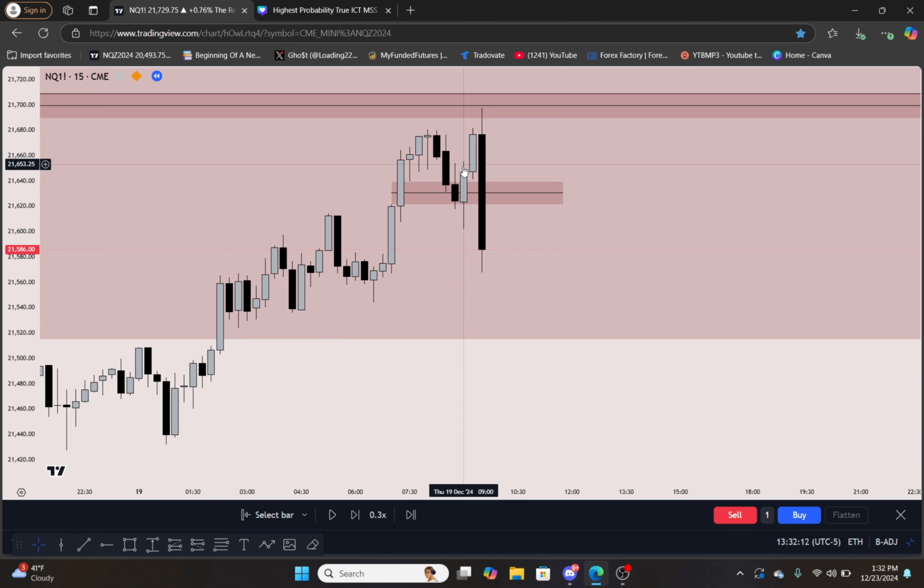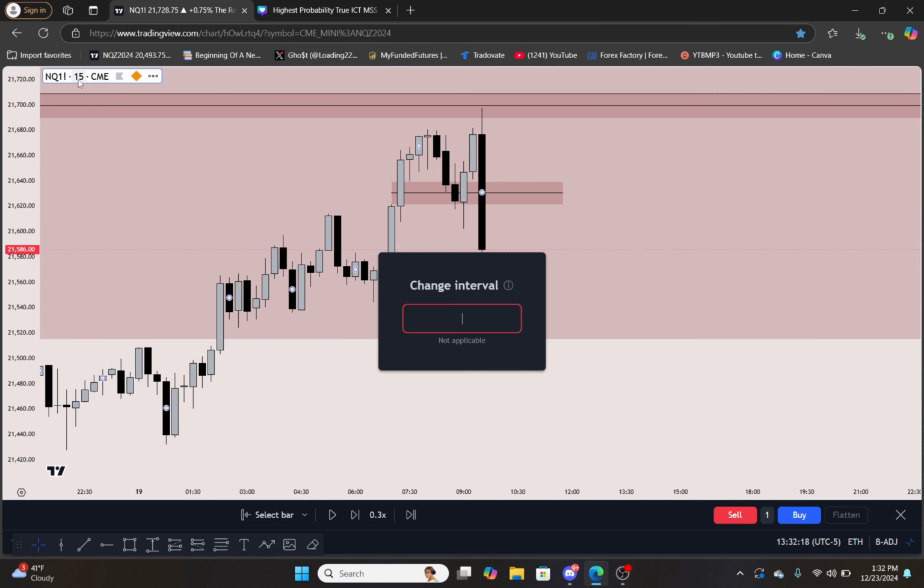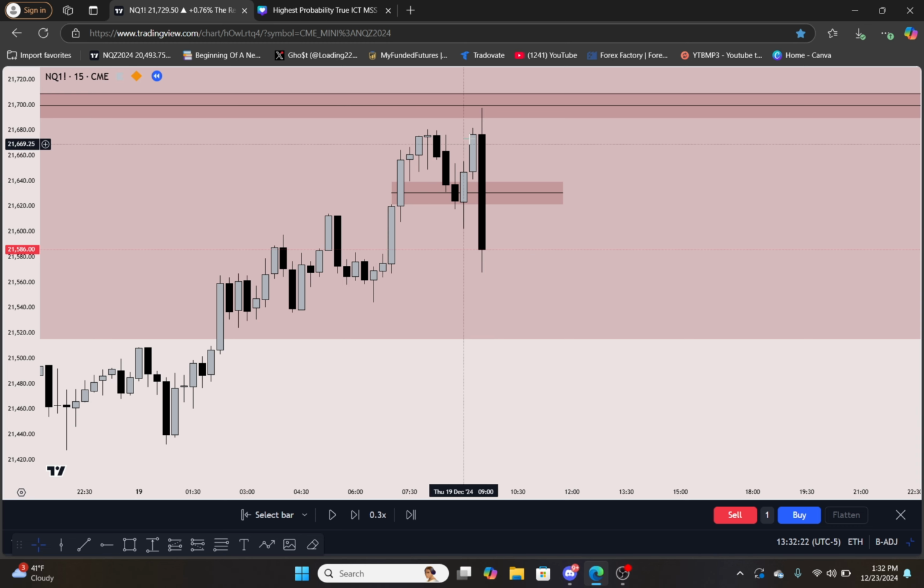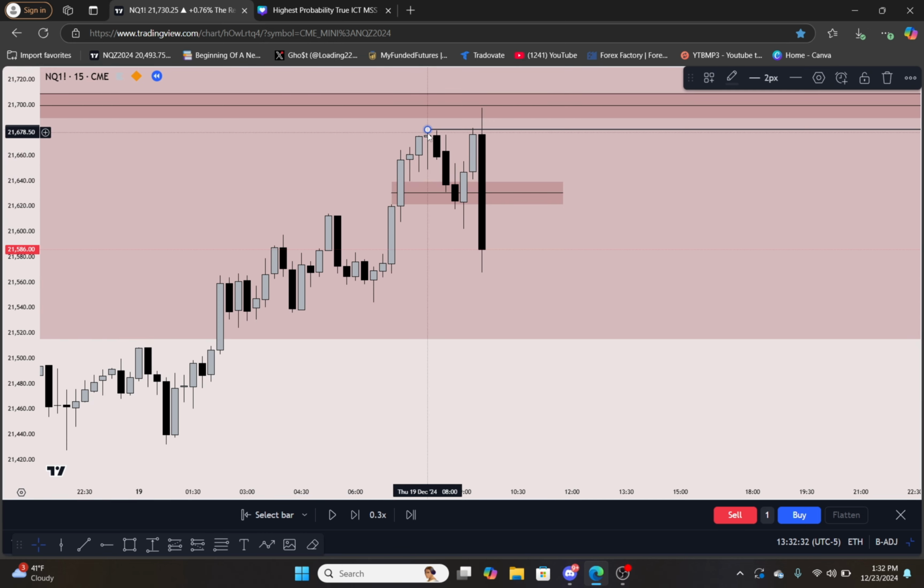Boom, notice we have displacement here. Now we would look for our entry, because our 15-minute higher time frame order flow, after tapping into this bearish PD array up here, notice price rallies up. We then displace below the old swing low here and imbalance.